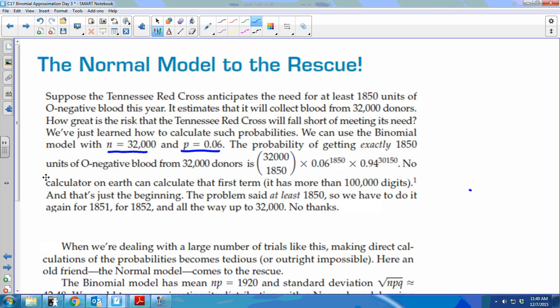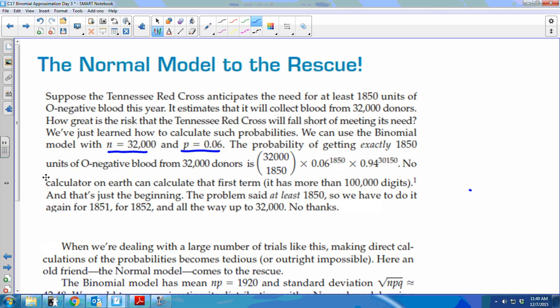You have Bernoulli trials because you're looking at O negative or not. You have a probability of O negative, so the probability for not, and you assume that each donor walking through the door is independent of the next. So if you're going to calculate a probability, it would be binomial because you're looking for a specific number of successes and a specific number of trials.